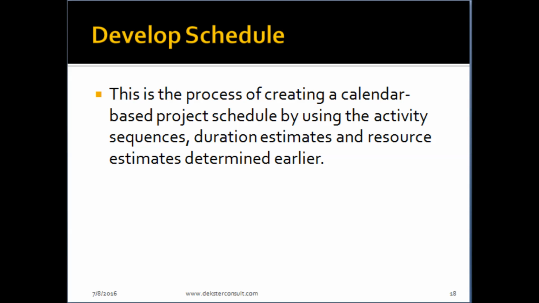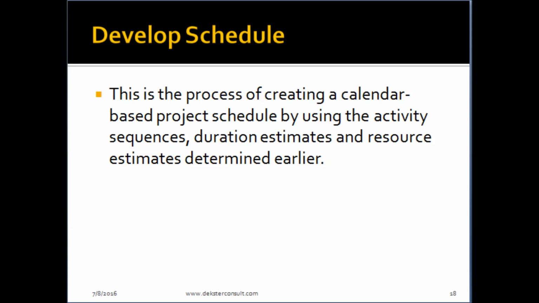The next process is to develop schedule, and this is the process of creating a calendar-based project schedule by using the activity sequences, the duration estimates, and the resource estimates that we have determined from the previous processes.